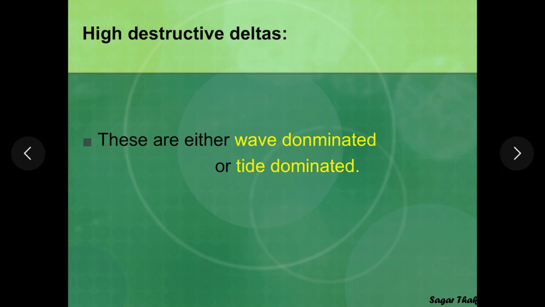These facies are very well preserved compared to the facies associated with the river or fluvial system. Another thing is that the deposition of sediments is less compared to high constructive deltas, and whichever sediments are deposited get redistributed or reworked by marine processes like tides or waves. So these are again of two types: wave dominated or tide dominated.